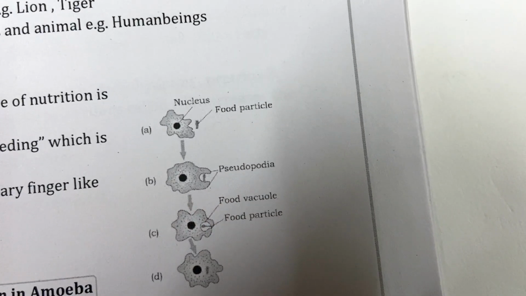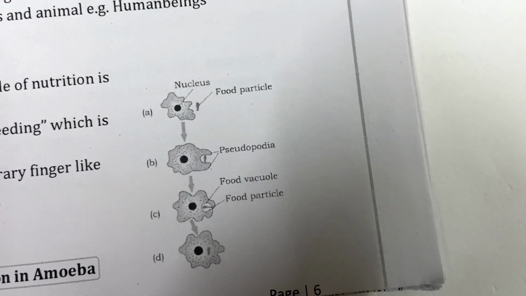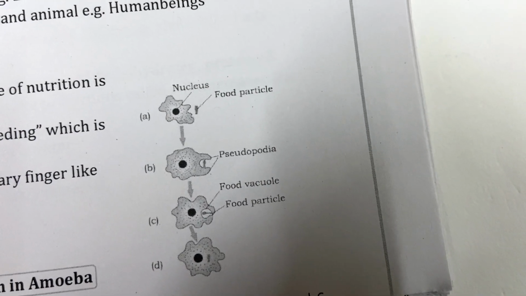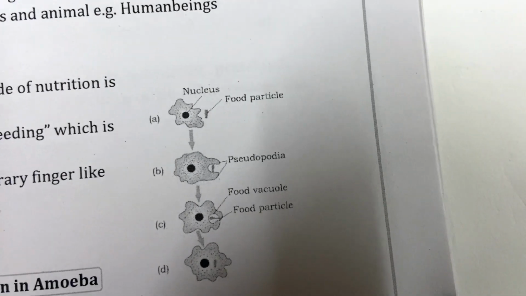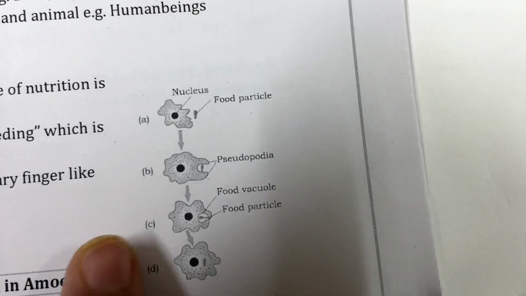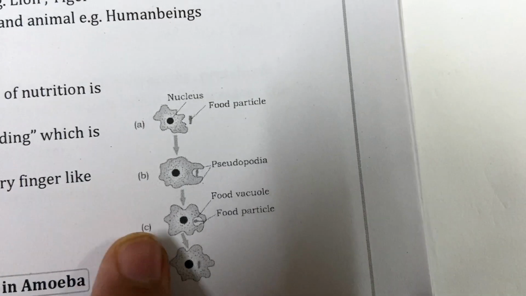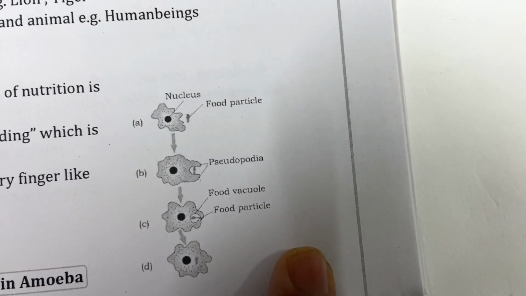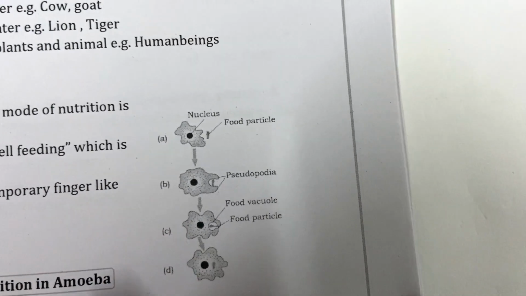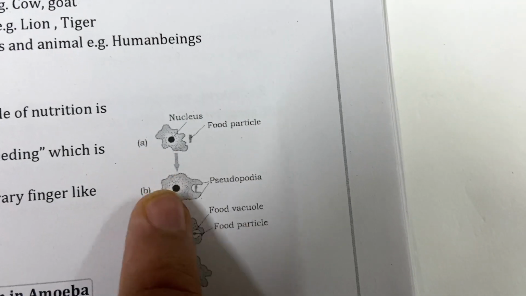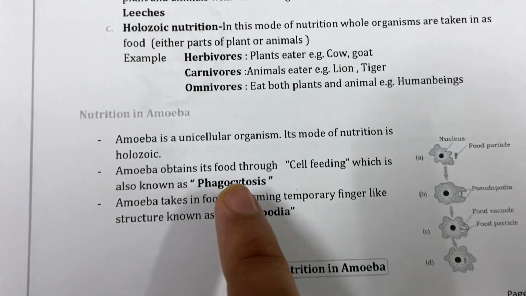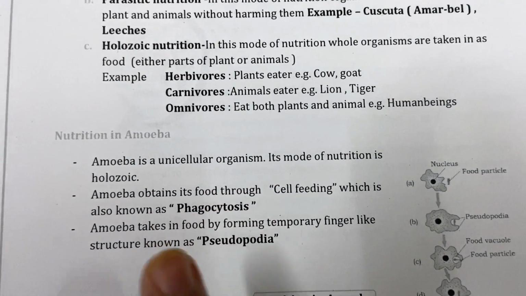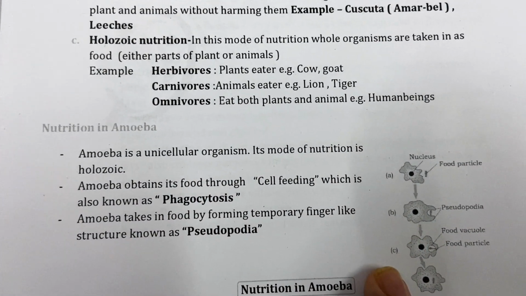Various enzymes move inside the food vacuole, and as a result, the food is digested. When the food is digested, the undigested material is thrown out from the body of the amoeba. The process of ingestion of food particle by the amoeba is known as phagocytosis.